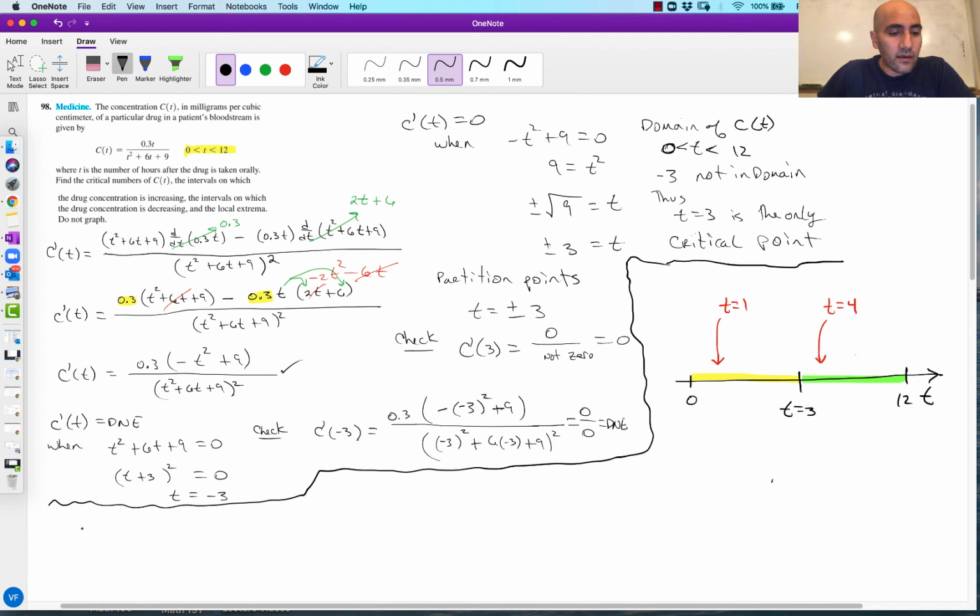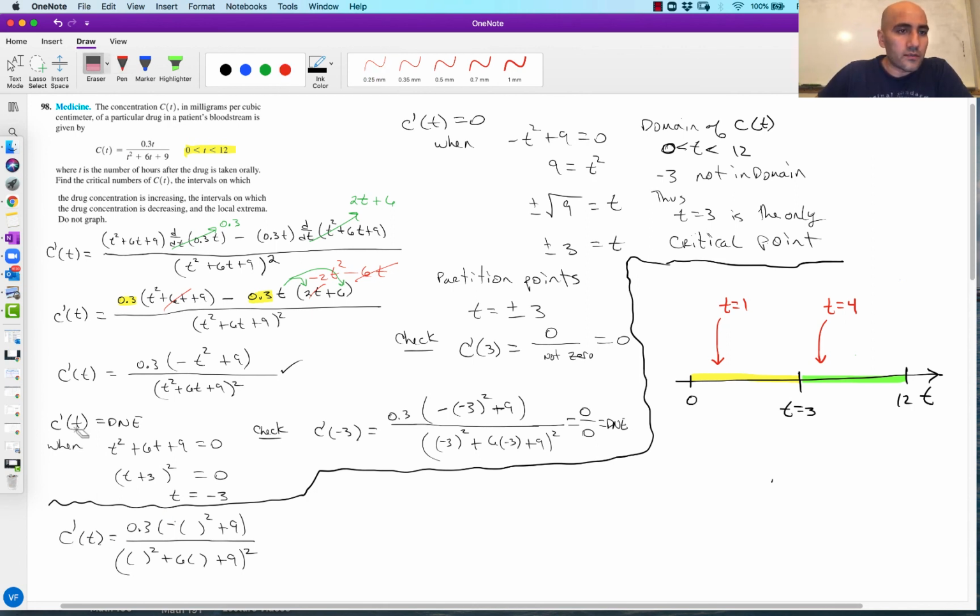So let's inspect C prime of t equals 0.3 times negative t squared plus 9 all over t squared plus 6t plus 9, and then the whole thing squared. I'm going to try evaluating at 1.